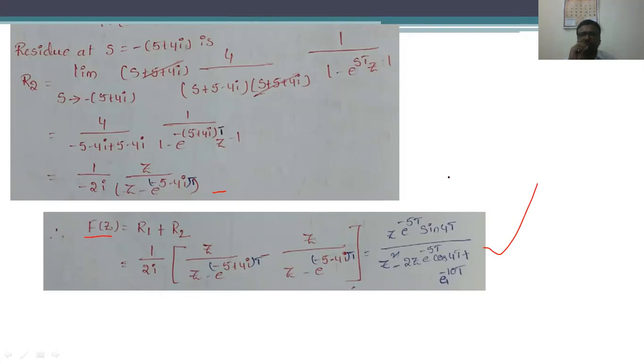Whereas for the residue method, there is no need to apply any inverse Laplace transform. Just calculating the residues R1 and R2 and adding them up, we get the value of f of z. But we have to make sure the given equation is presented in f of s only for obtaining f of z using the residue method.